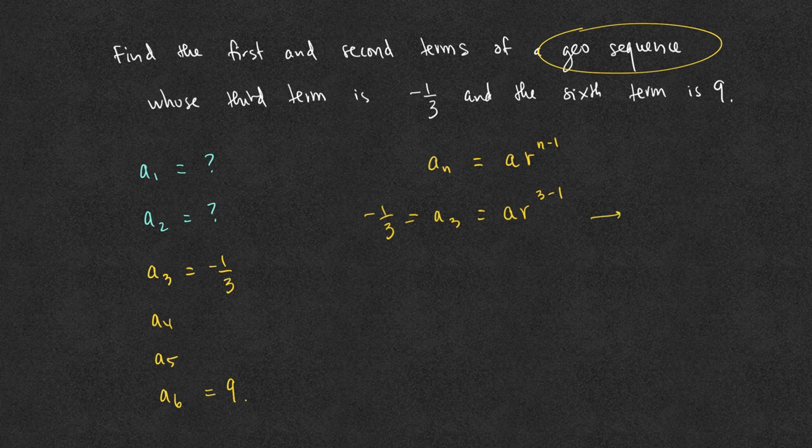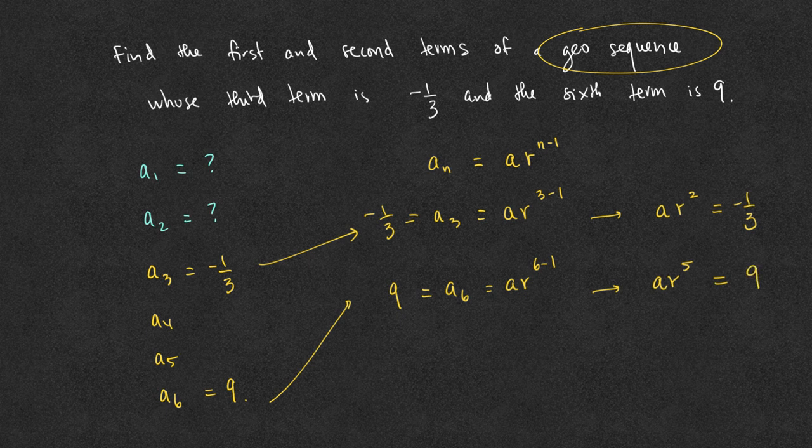And so we have one equation, a r squared equals -1/3. A sub 6 is 9 means if we were to plug in 6 into this formula where n is 6, then we'll get 9. And this is a r to the fifth equals 9.